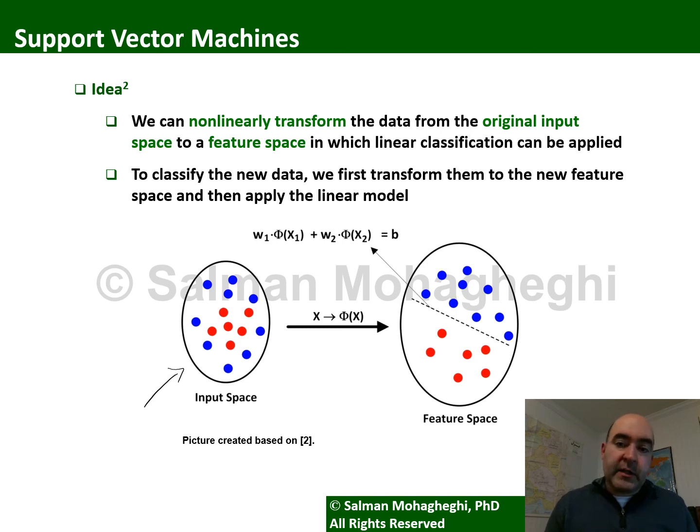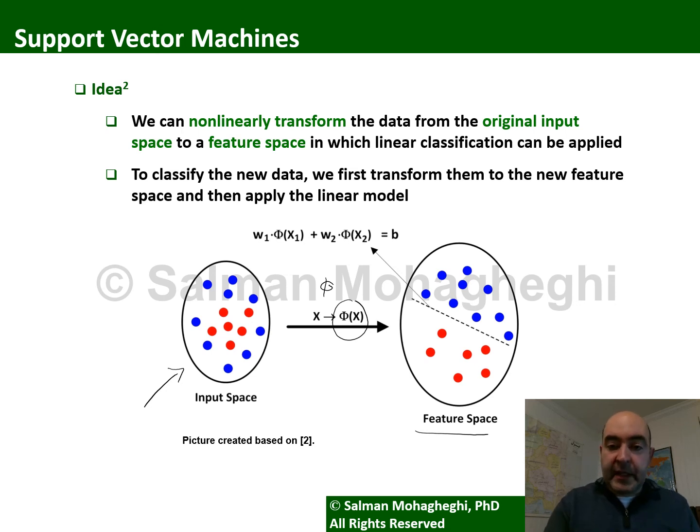In situations like this, sometimes we are able to transform the input space to a different space in which the transformed data instances are linearly separable. We call that the feature space. So all the x's that are in my original space, I transform them using a transformation phi, a nonlinear transformation for the most part. In this new domain, which I call the feature space, the transformed classes are linearly separable.